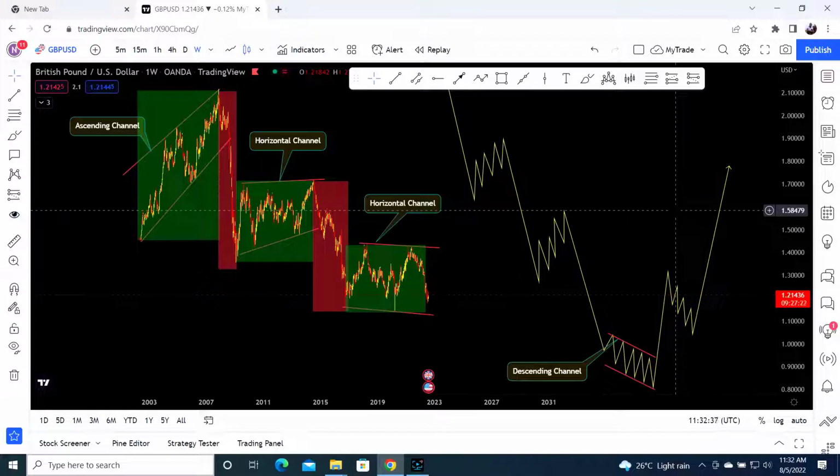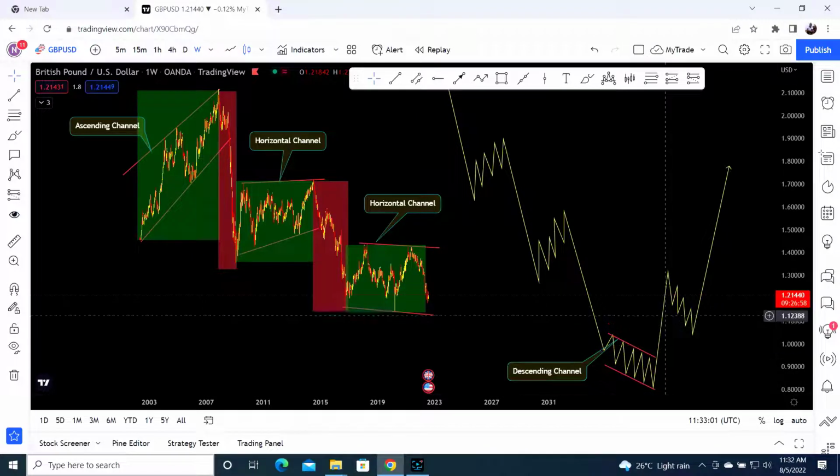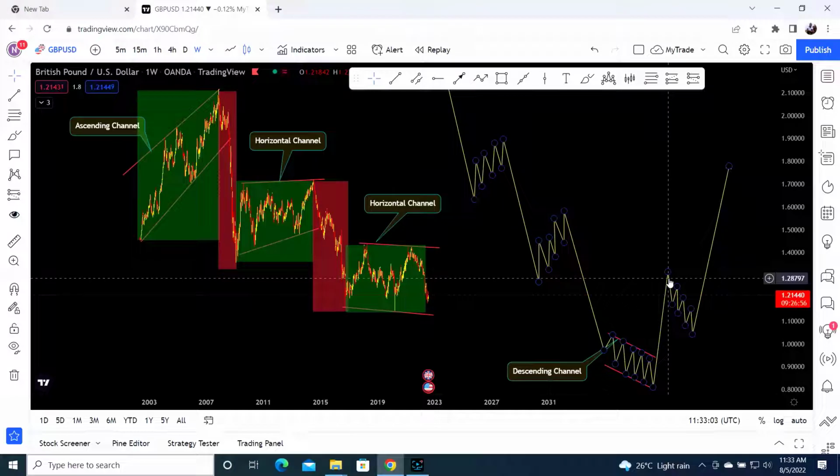So when you have an ascending channel, it means there is a higher probability that the next impulsive phase is going to be the opposite side, which is bearish. Likewise, if we have a descending channel, it means there is a high probability that the next impulsive phase will be the opposite side, in this case bullish.